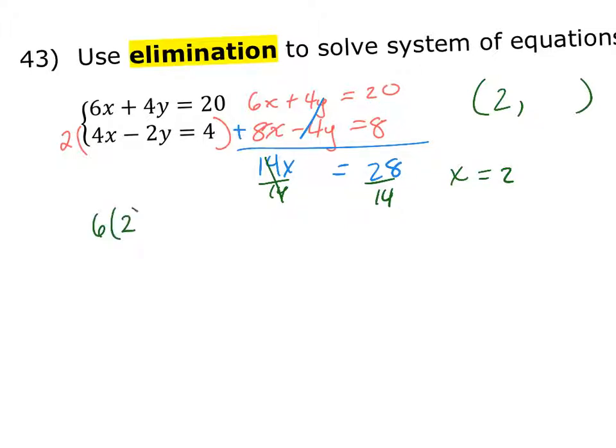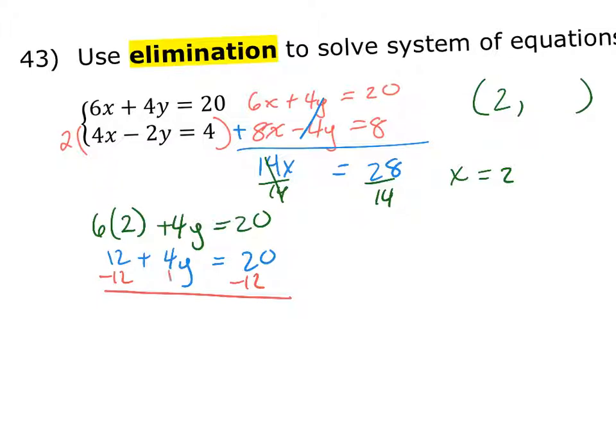Let's plug it in the top one. 6x plus 4y equals 20. 12 plus 4y is equal to 20. I can subtract 12 on both sides. And I get 4y is equal to 8. Divide by 4. And I get that y is also equal to 2. So my point is 2 comma 2.